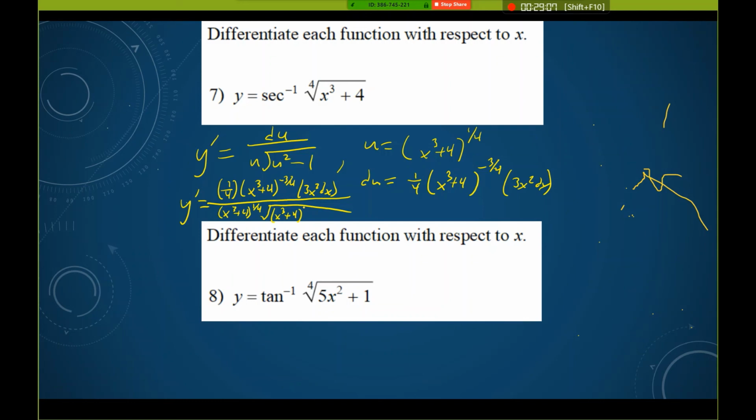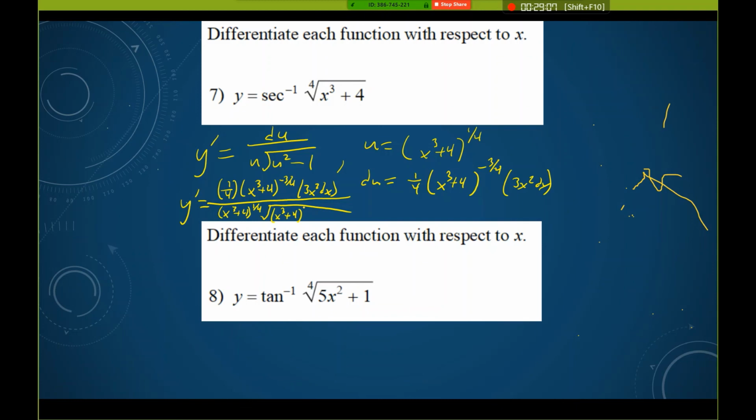Okay, this 1/4, I can move that 4 to the bottom. This is x cubed plus 4 to the negative 3/4. If I move that to the bottom, this will be x cubed plus 4 to the 3/4 times x cubed plus 4 to the 1/4. If I'm multiplying, I can add the exponents together. So that'll give me x cubed plus 4 to the 1st power, 4 over 4.